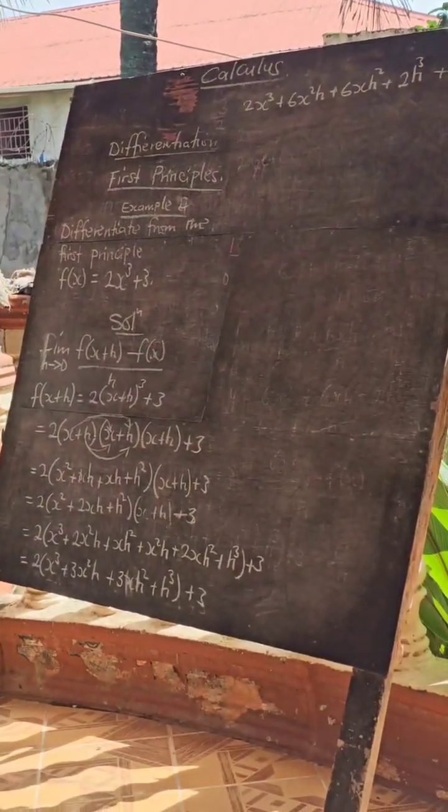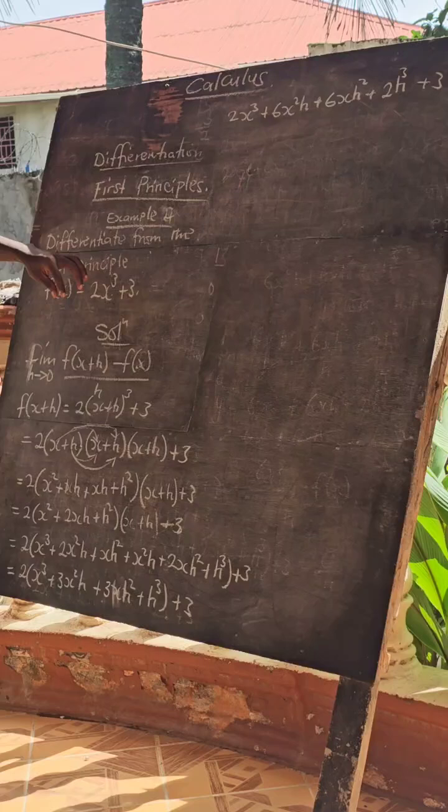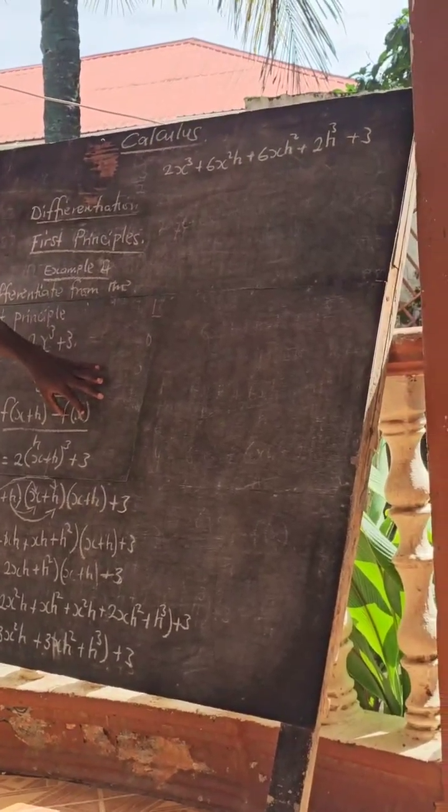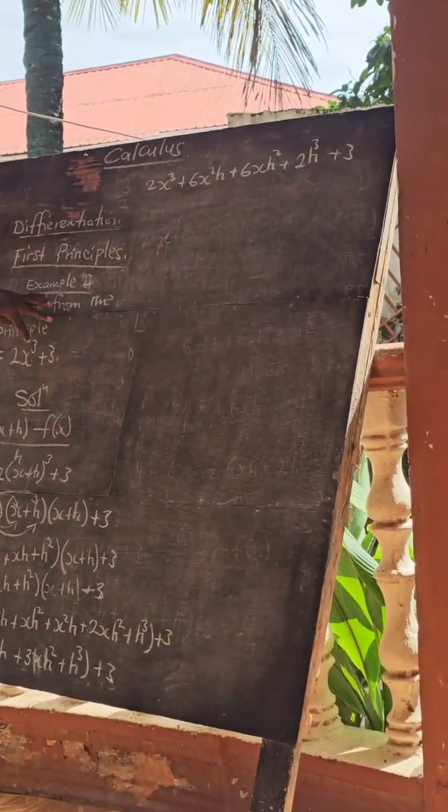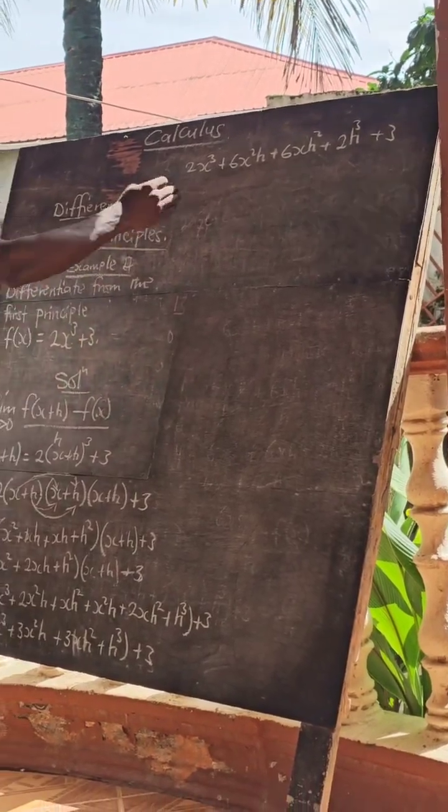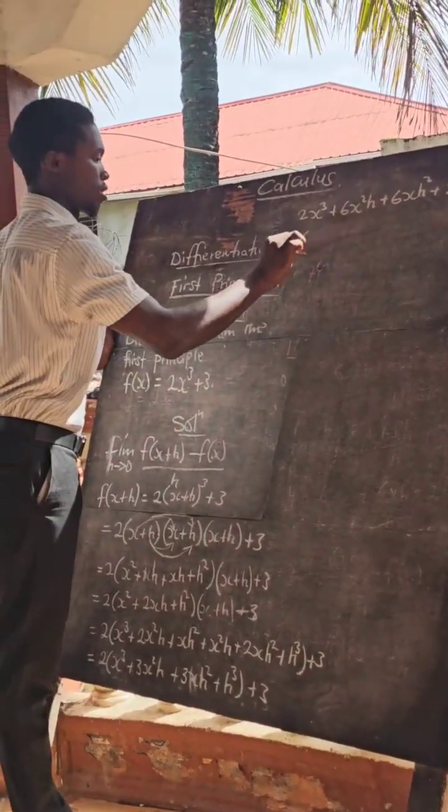So that's for f of x plus h. And now we're going to subtract f of x. But we know that f of x is 2x cubed plus 3.